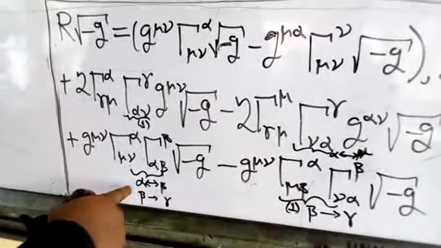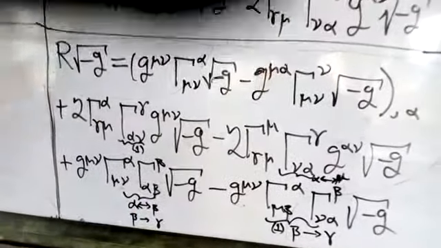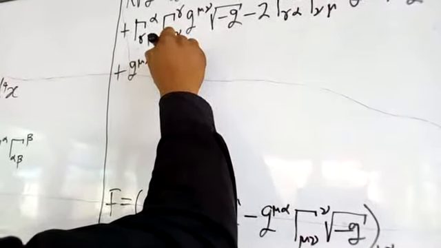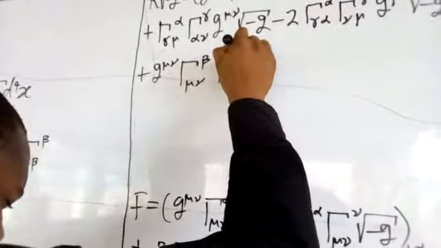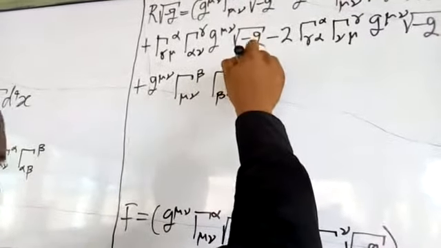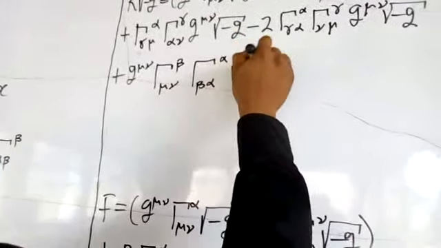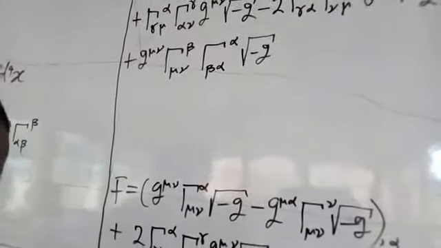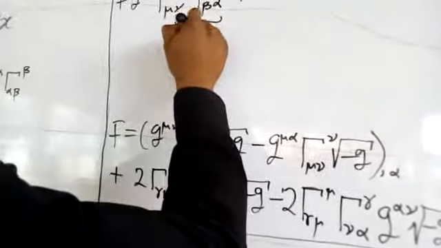So we said we're going to make an interchange between alpha and beta. So this is no longer alpha. So the first step we're making is making alpha, so this becomes beta. And then I have here with me gamma, beta alpha, and this is alpha times the square root of minus g. Yes, that's it. Now one other thing we intend to do is to change beta to gamma.